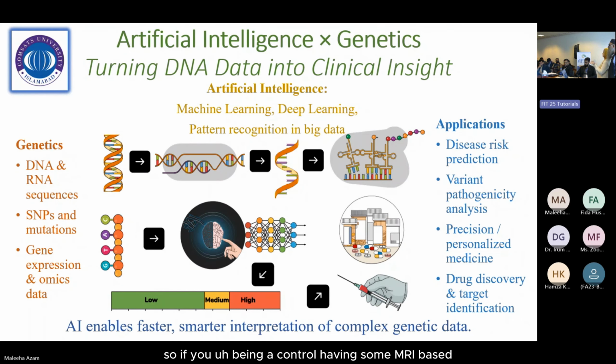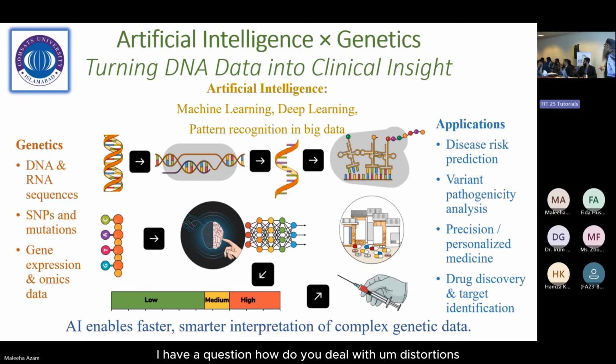So if you are a control with MRI images showing some physiological changes, you can test yourself through the acoustic tool whether you are going to have Alzheimer's at a later age, and our genetics is strengthening this by providing the disease-susceptible loci association with the MRI findings as well as acoustic digital markers.